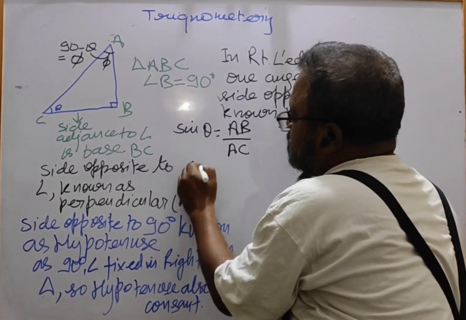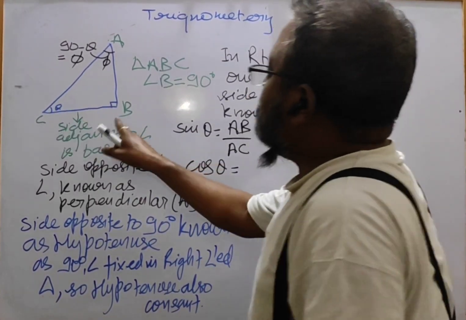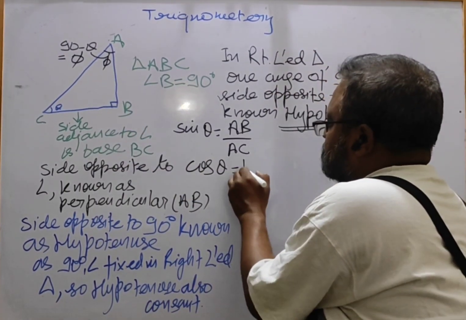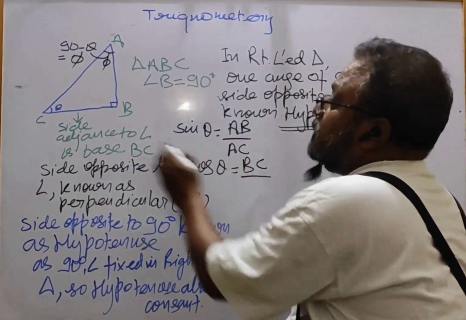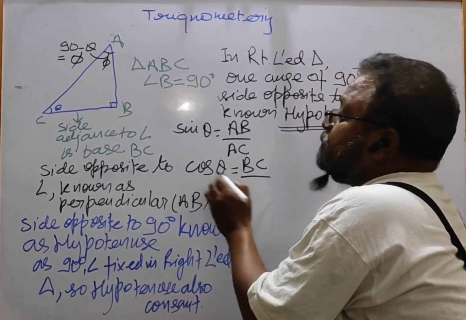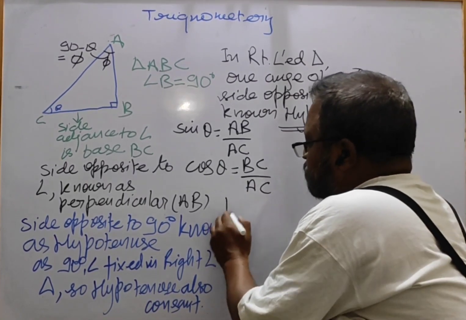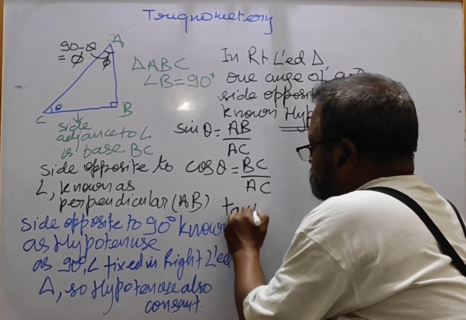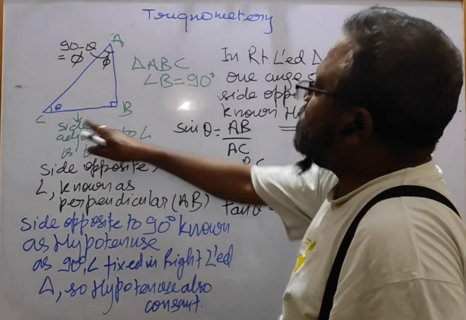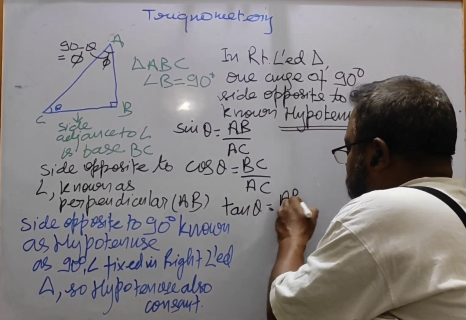For cos theta, base is BC and hypotenuse is AC. And for tan theta, perpendicular is AB and base is BC.